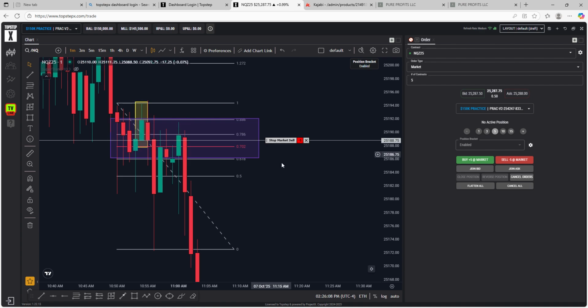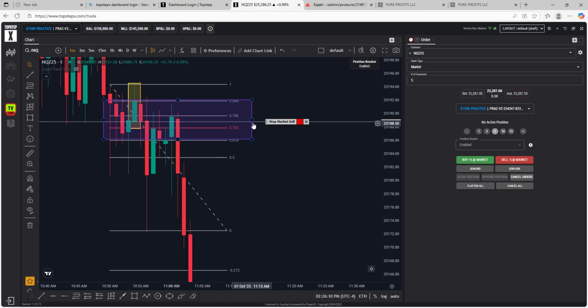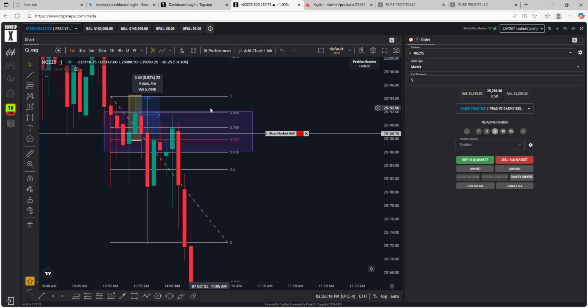Stop loss at the 1. Never came back, right? At this point, I'd be risking 22 pips. Now for NAS, it's half that, right? It's $5 per pip, so instead of it being 220, it'd be 110, right?